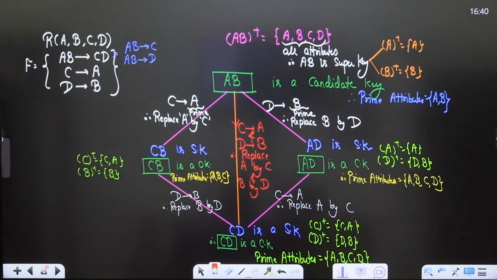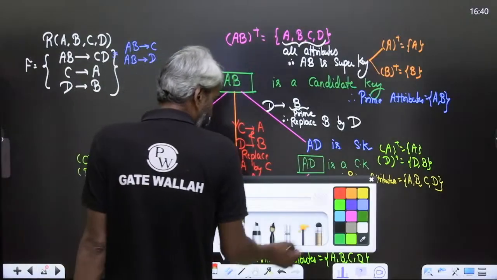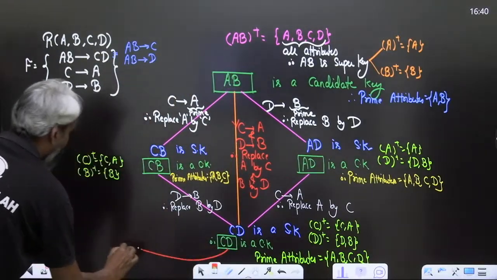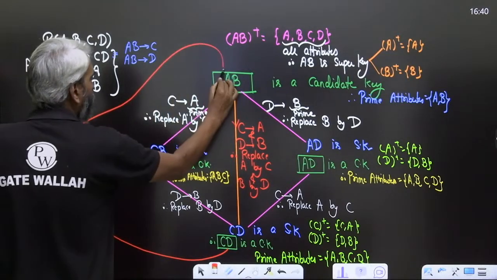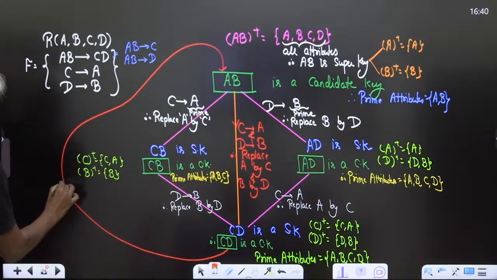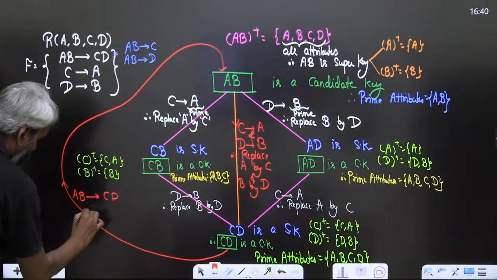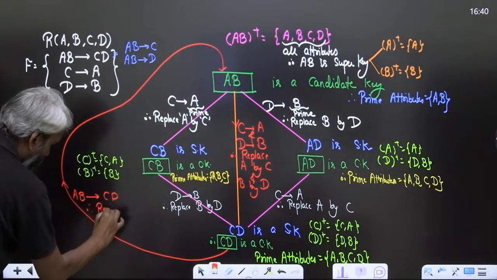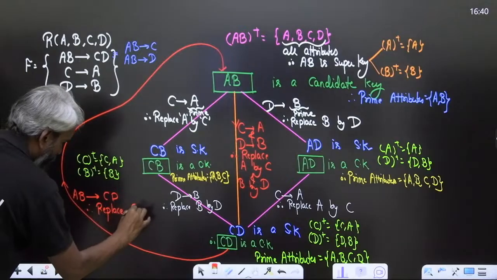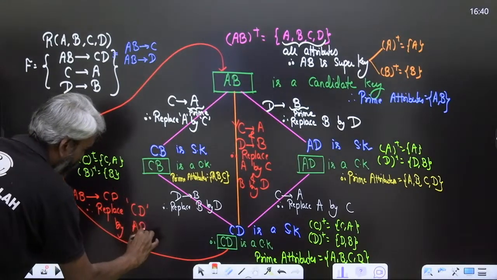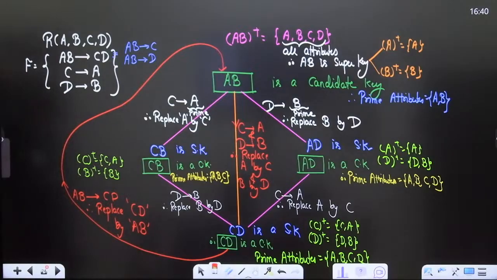Now, if I check, AB implies CD, therefore you can replace CD by AB. But even if you do so, no new candidate key will be found.